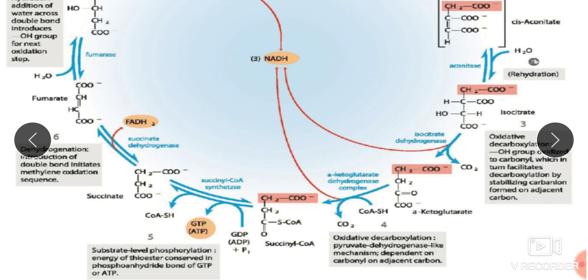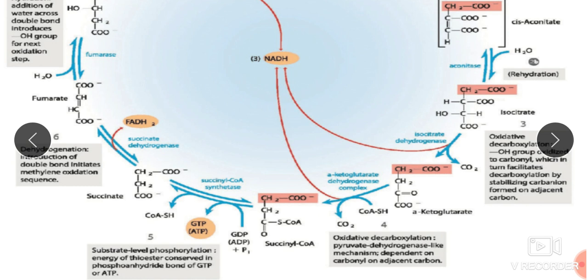In this substrate level phosphorylation, the thioester bond present in succinyl coenzyme A gets converted into a phosphoanhydride bond of a GTP or an ATP. So, here is a production of a GTP molecule at the conversion of succinyl coenzyme A to succinic acid.